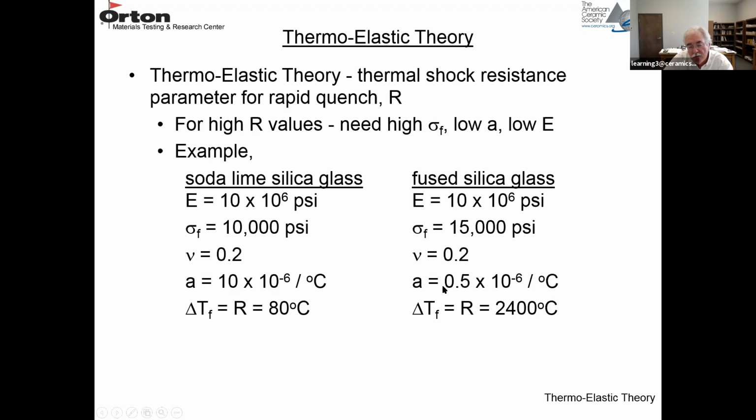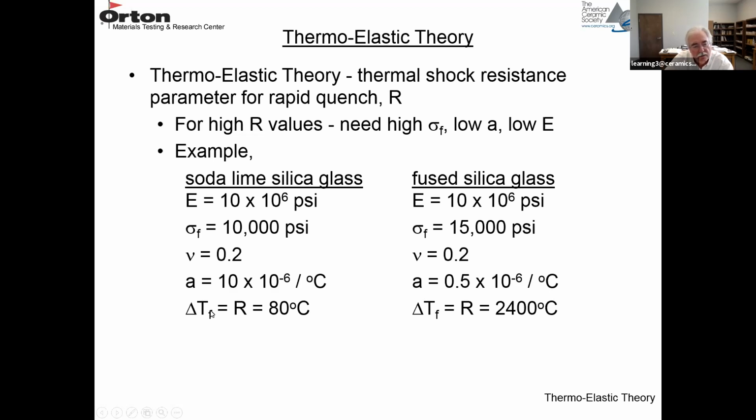If you have a coefficient of expansion approaching 0, the material does not contract or expand when it's heated, so you cannot build up thermal stresses. Ideally, if you had an alpha equal to 0, you'd have a perfectly thermal shock resistant material. But this one comes pretty close to being 0.